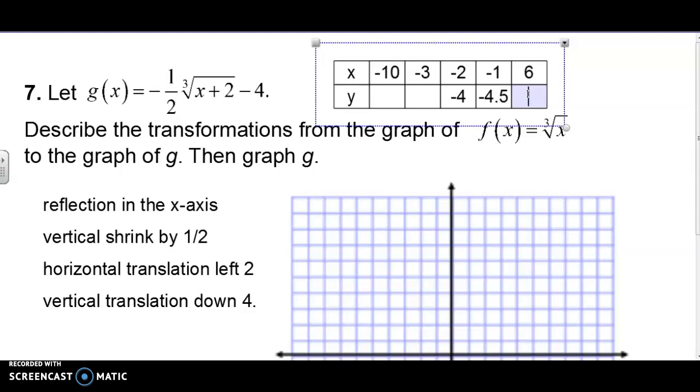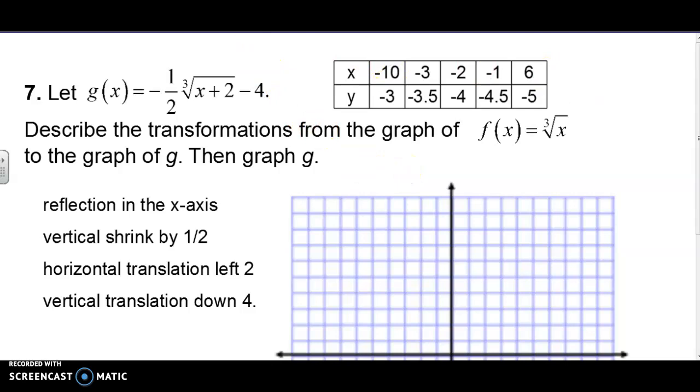Cube root of 8 is 2. 2 times negative 1/2 is negative 1. Minus 4 is negative 5. Negative 3 is going to end up giving me negative 3.5. And then negative 10 would be negative 8, which would be negative 2, which would be 1, which would be negative 3. So these would be the ones I graph.